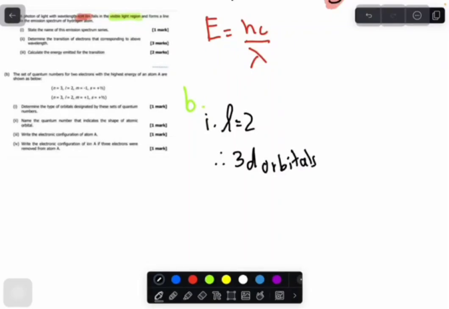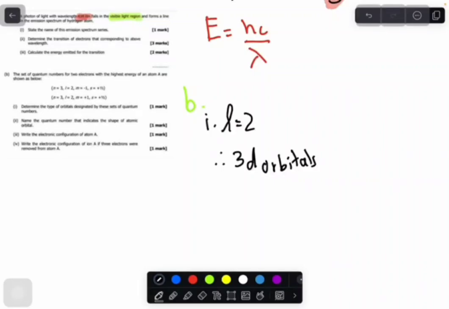It's very easy, guys. It's just in any notes that you would open and you would see that if n is 1, l is 0, it's 1s or 2s. If l equals to 1, it's 2p, and if l equals to 2, it's 3d, and if l equals to 3, it's f.